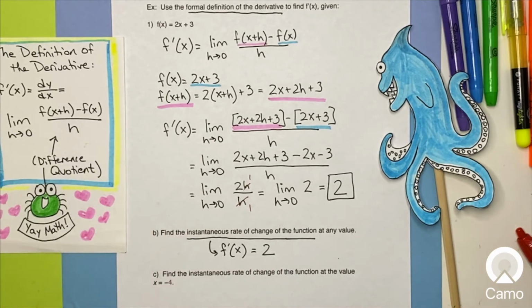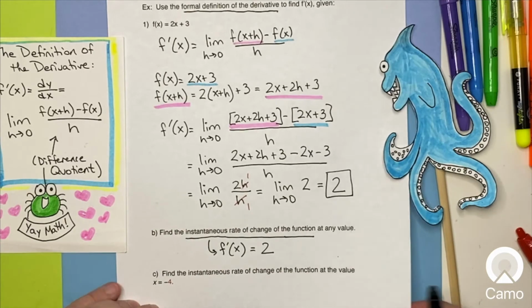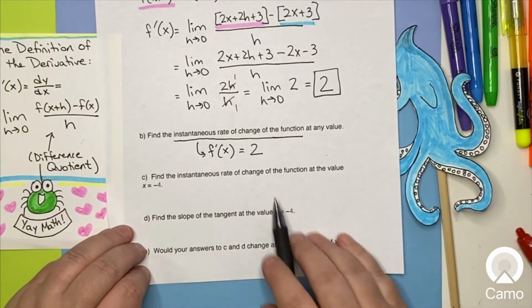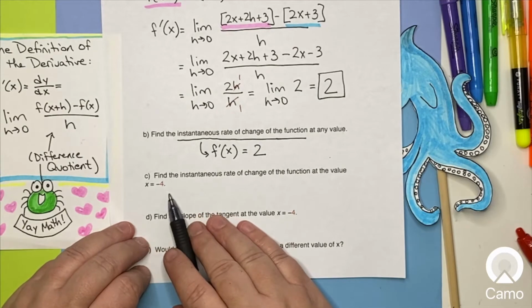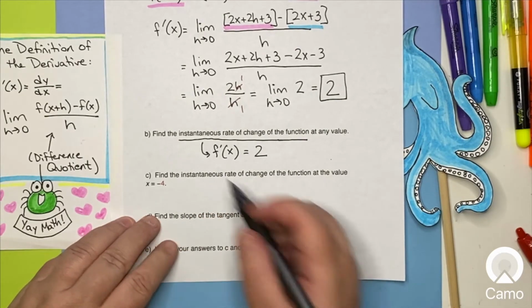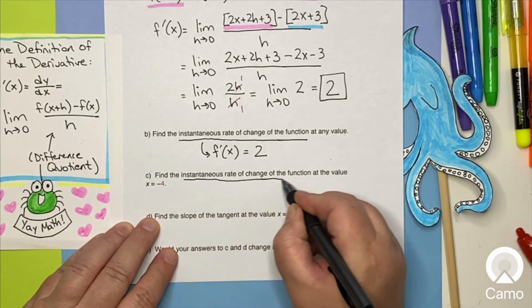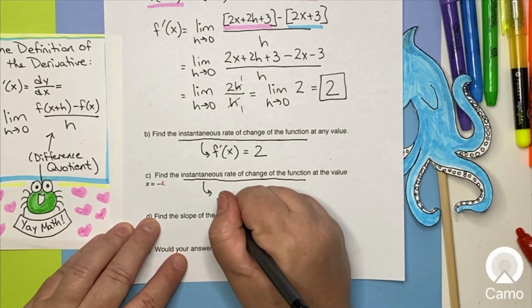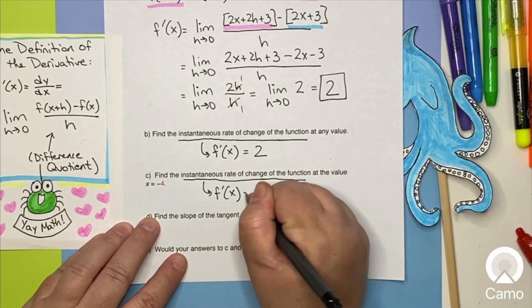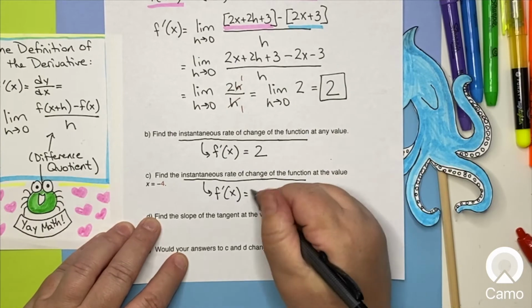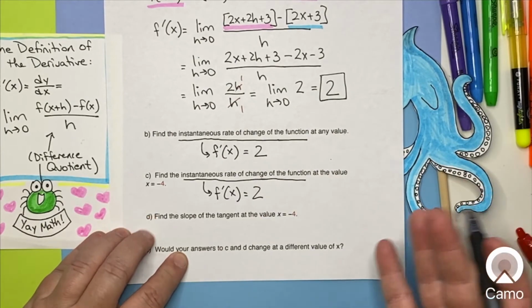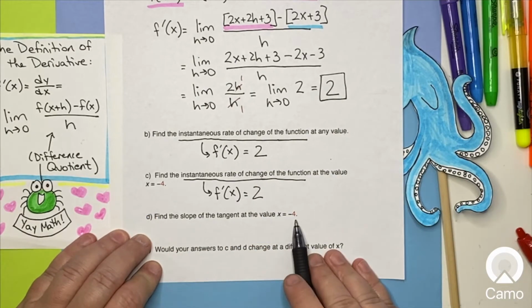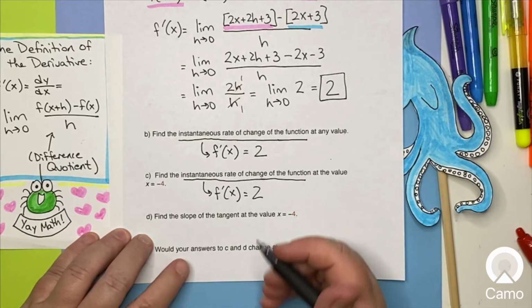What other interesting things are going to come up? Find the instantaneous rate of change of the function at the value x equals -4. The instantaneous rate of change of the function is f prime of x, the derivative, which we already know is 2. It's always 2. Find the slope of the tangent at the value x equals -4.